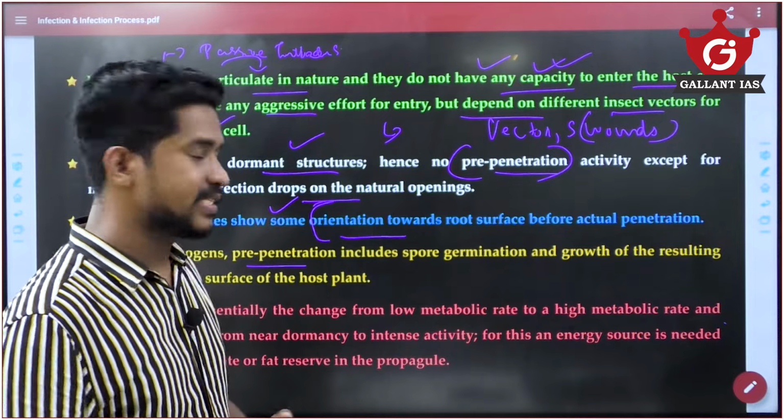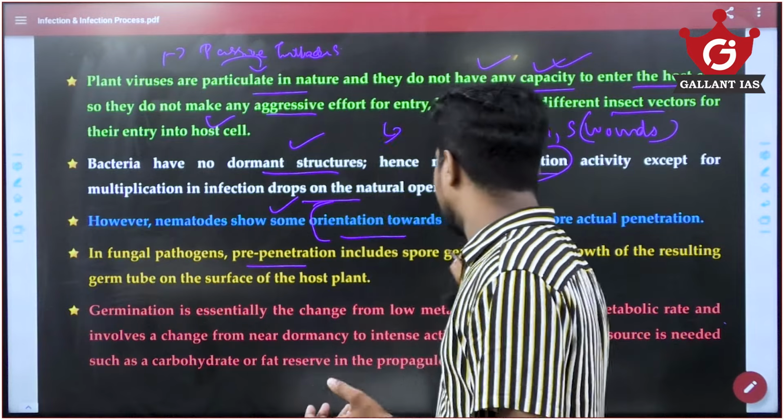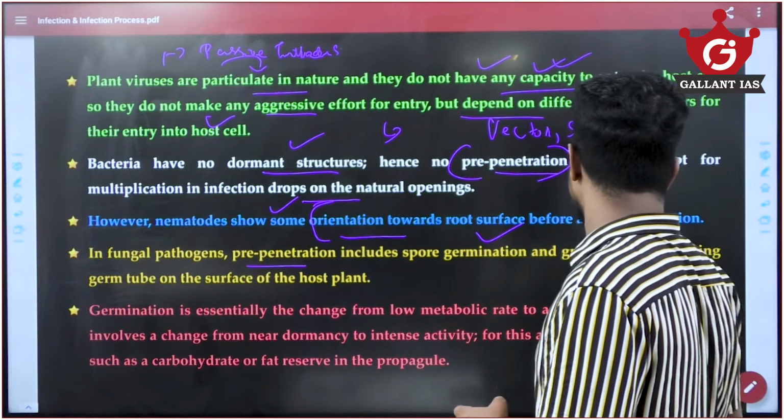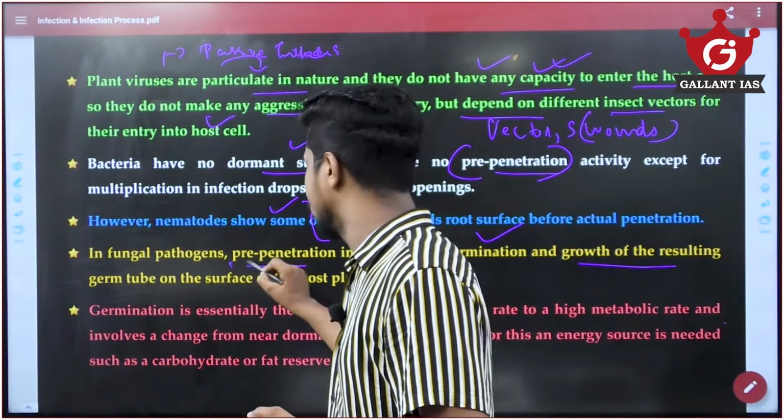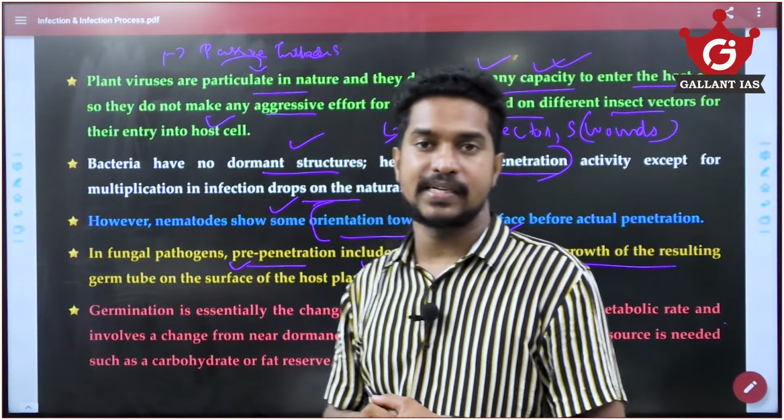In fungal pathogens, pre-penetration includes spore germination and growth of the resulting germ tube on the surface of the host plant.